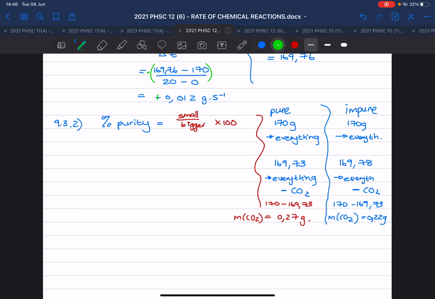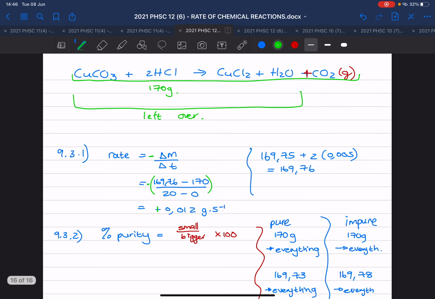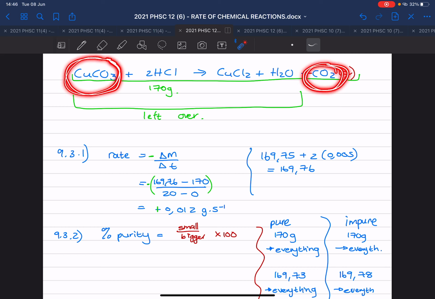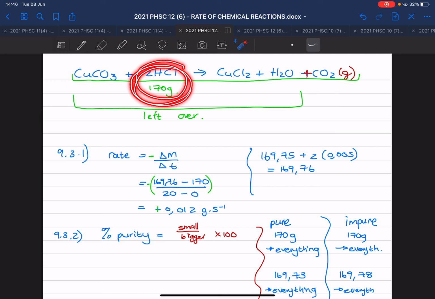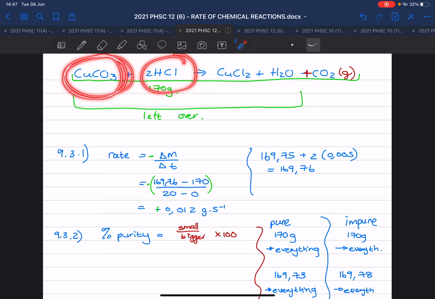Okay, so when we had a pure substance, that is the amount of carbon dioxide we gained, and when we had impure, that is the mass of carbon dioxide that we gained. Now, why are we looking at that? Because the ratio of carbon dioxide to copper carbonate is 1:1. And because they told us there's an excess, it means we have a limited amount of the other, so everything is used.